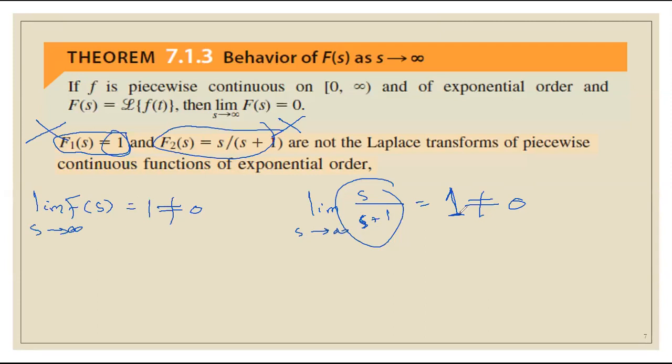So the answer is 1. This is the first method. Second method to find this limit: I have a rule. If I have a polynomial up and a polynomial down, and I need to find the limit at infinity, take the highest power up and the highest power down. So it is s divided by s, which is 1.